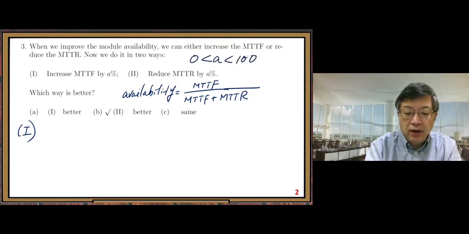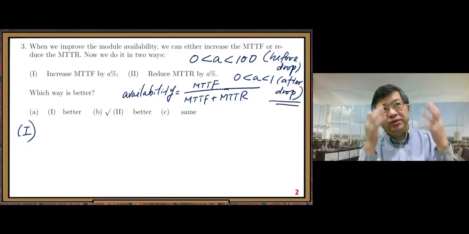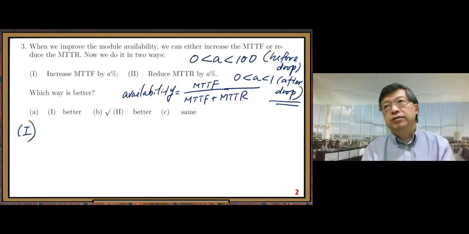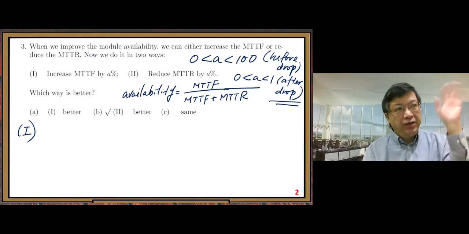After we drop, we treat A as between 0 and 1. Then in our calculation, we can use the appropriate number range to find the result.